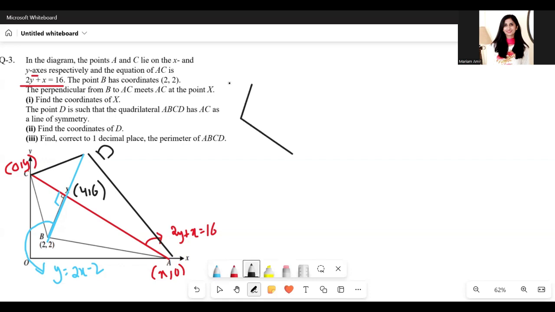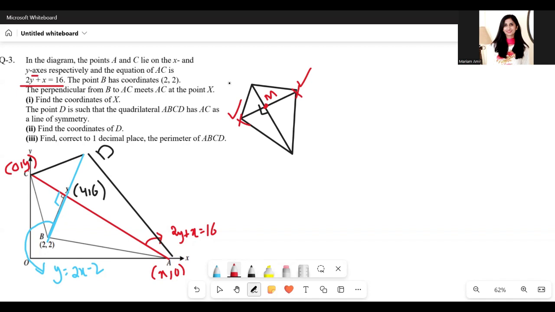We had discussed all the shapes in the first lesson on coordinate geometry, and in a kite, we discussed that this is a 90-degree angle, and also this is the middle of these 2 points. Whatever these 2 points are, the point where the diagonals intersect is the midpoint of these 2 coordinates.